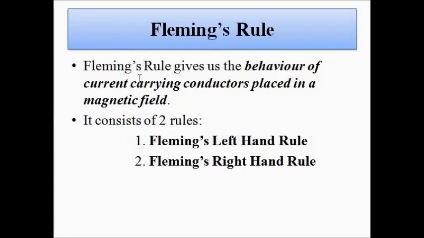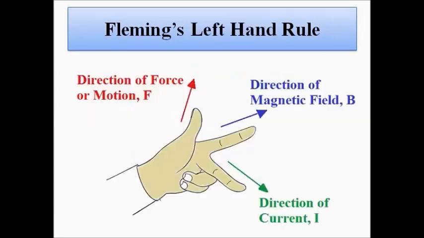The behavior of current carrying conductors placed in a magnetic field is governed by Fleming's left hand rule and right hand rule. As per Fleming's left hand rule, it gives us the direction of the flow of current through the conductor, the direction of the magnetic field, and the direction of force.